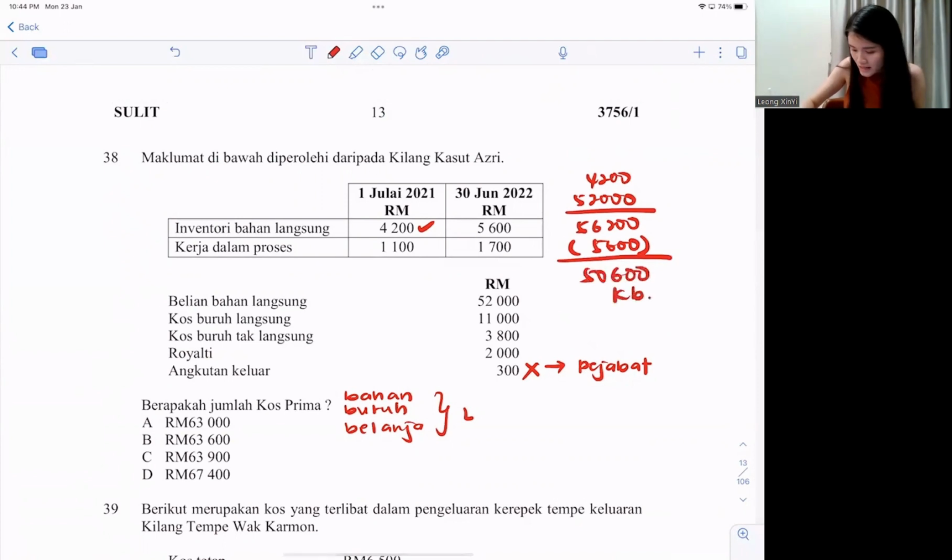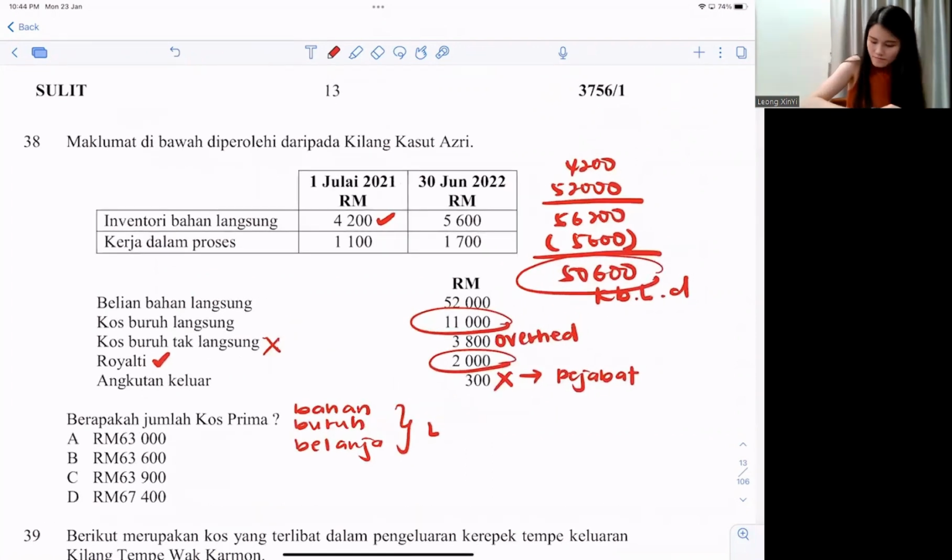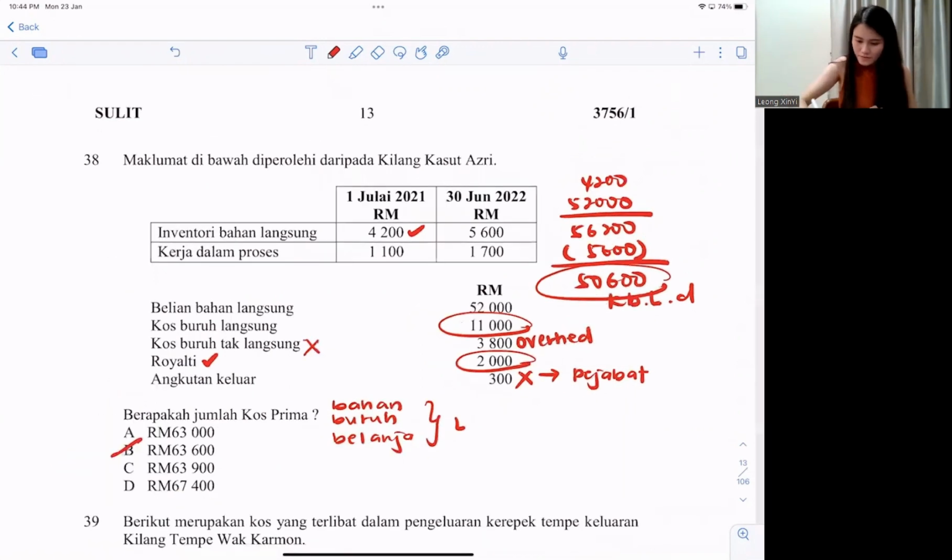This is cost bahan langsung digunakan. Don't want tak langsung. Tak langsung is for overhead. And we want royalty. So you're gonna add this 50,600, 11,000, and 2,000. Add everything together. Answer is 63,600. I repeat again, this is cost bahan langsung digunakan.